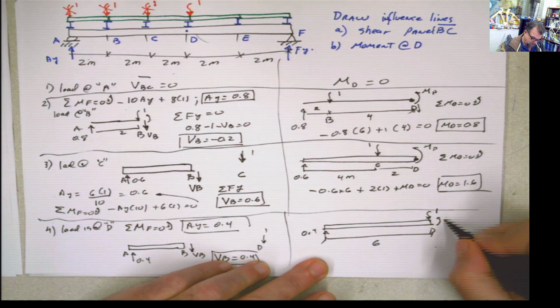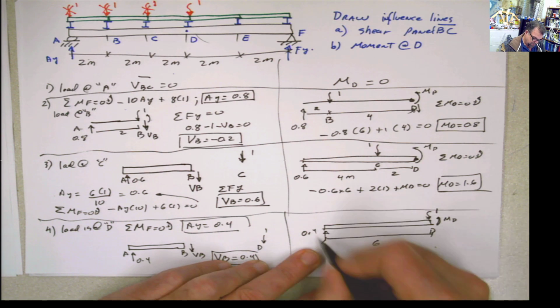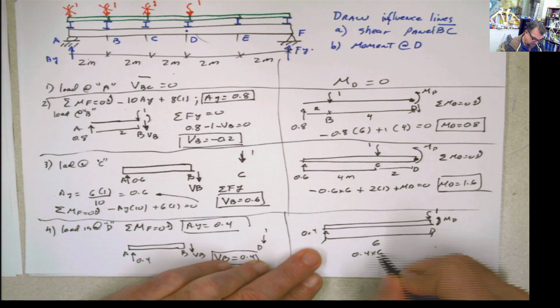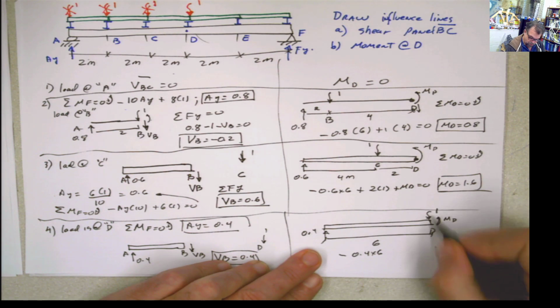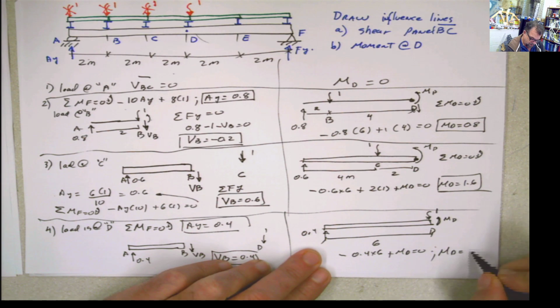When we do summation of moments at D for calculating the internal moment, it comes that 0.4 times 6 negative, the load doesn't produce any moment at that point, plus MD equals 0, meaning MD is going to be equal to 2.4.